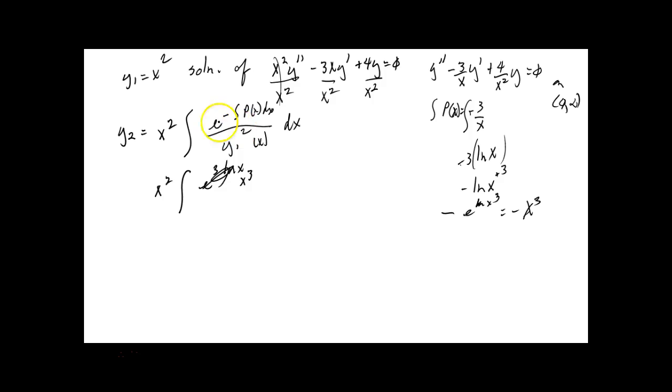But the minus times the minus is a plus, so that's going to be x cubed up there, and this denominator is x to the 4th dx. This gives us x squared times the integral of, well, we don't need the integral. That's just log x, right? Okay.